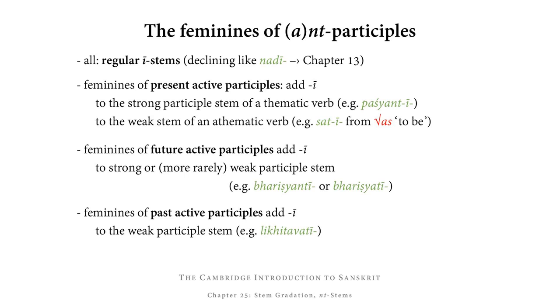Now, the past active participles are vant stems, but let's just briefly remind us of those as well. Vant stems form their feminines by adding i to the weak stem, and that's exactly what happens to these participles as well. So from likhitavant, meaning having written, we get the feminine likhitavati with the weak participle stem.